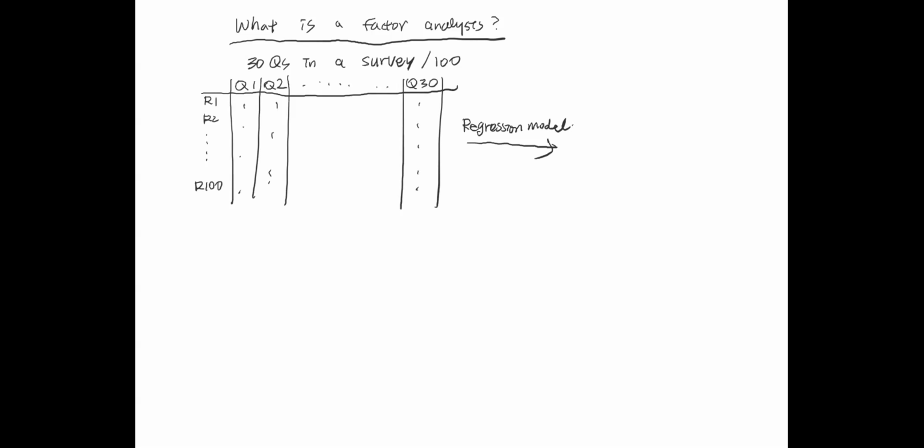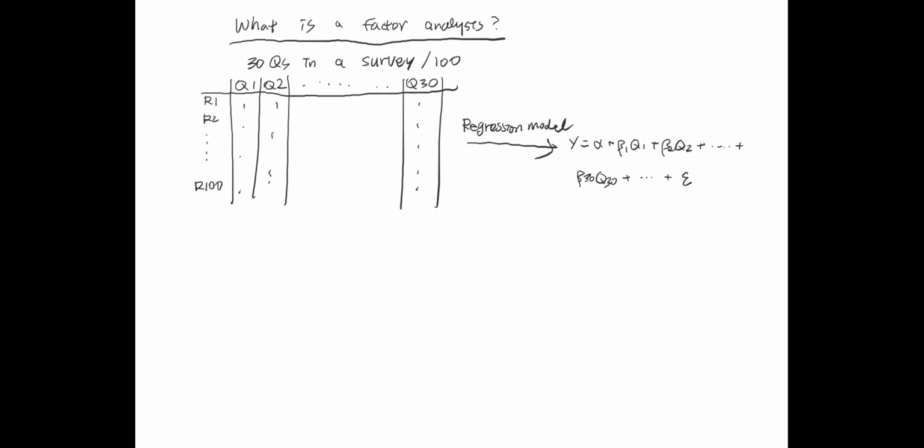The regression equation should be y equals alpha plus beta 1 q1, because we are using the raw data here to run the model, plus beta 2 q2, and all the way to beta 30 q30, and there might be other x variables as well, and then there is an error term. So this is how the regression model looks if you plug in this data directly.